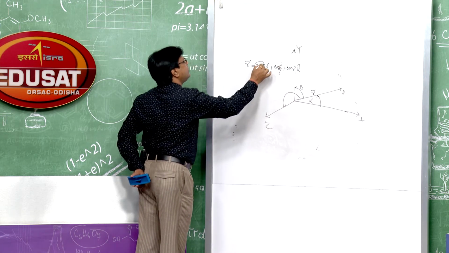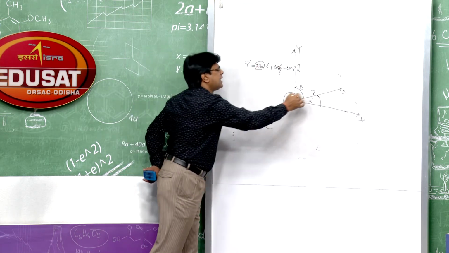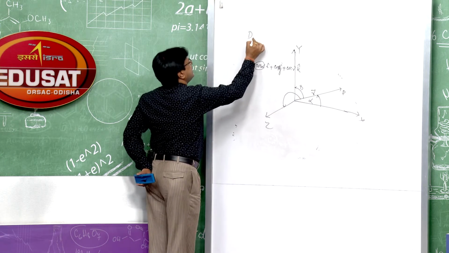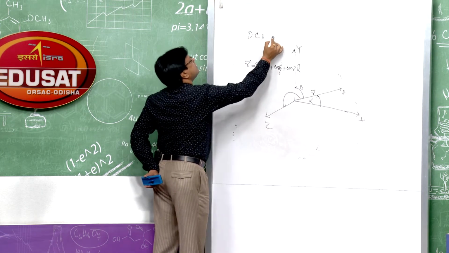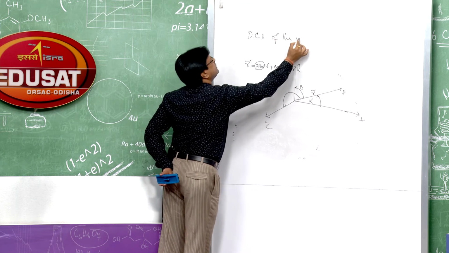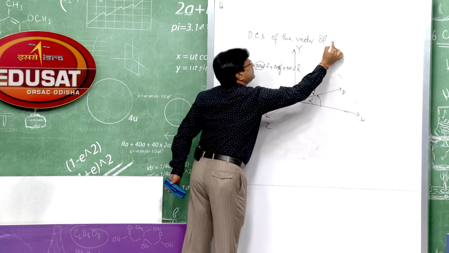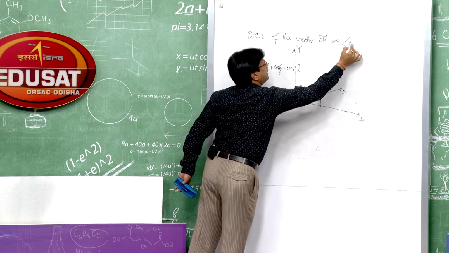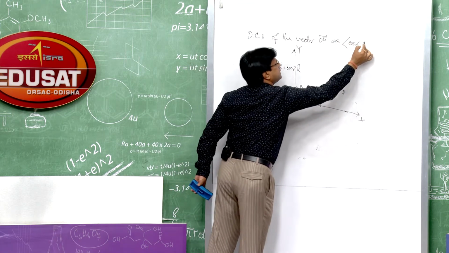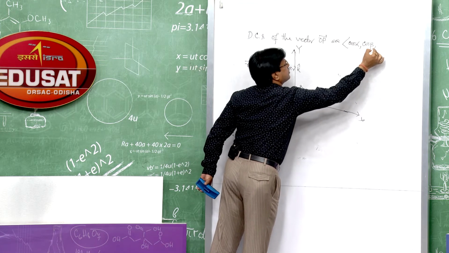That means these are the direction cosines of that line. So, the direction cosines, DCs, of the line of the vector OP are cos alpha, cos beta, cos gamma.